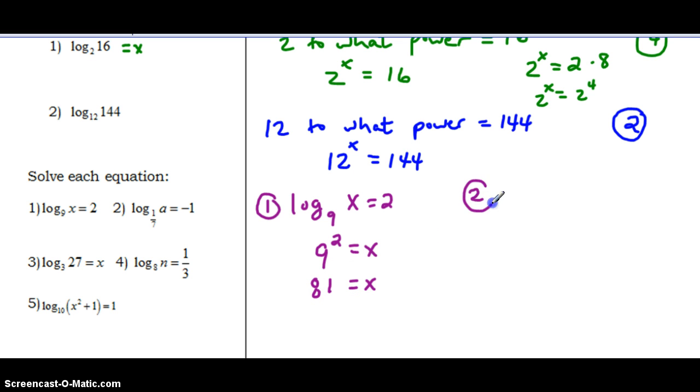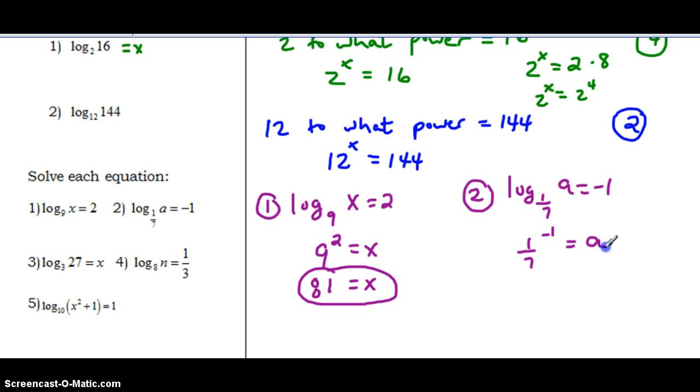For number 2, we have log base 1/7 of a equals -1. The only way we're going to get to that variable is if we convert to exponential. So we have 1/7 to the -1 power is equal to a.